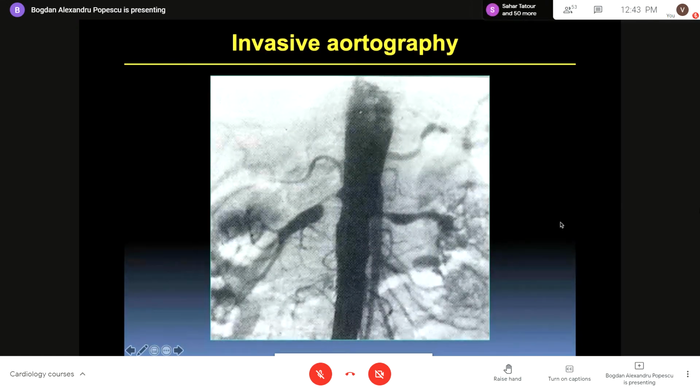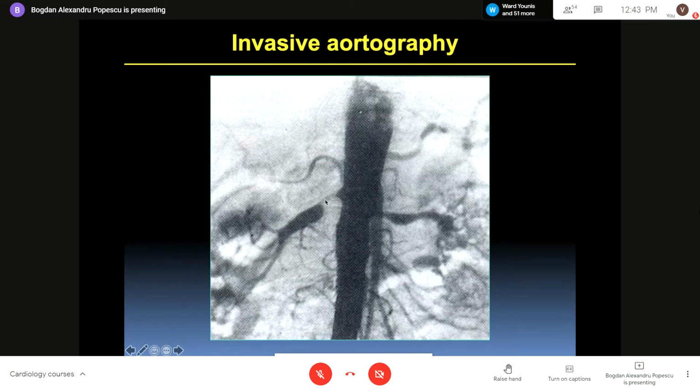So if you do an invasive aortography, that means you inject contrast in the abdominal aorta, you see, for example, in this case, these are the renal arteries. So this is the right renal artery, and you see this is a critical stenosis here.